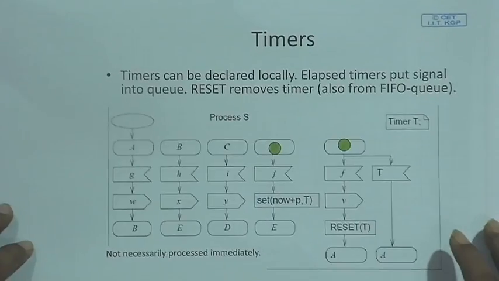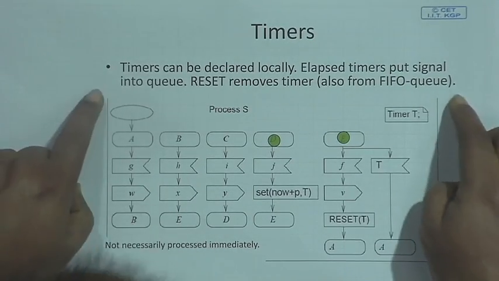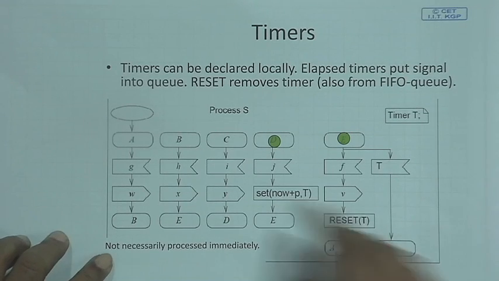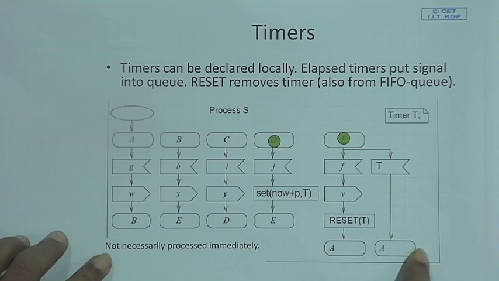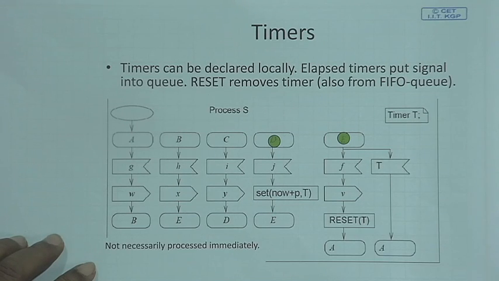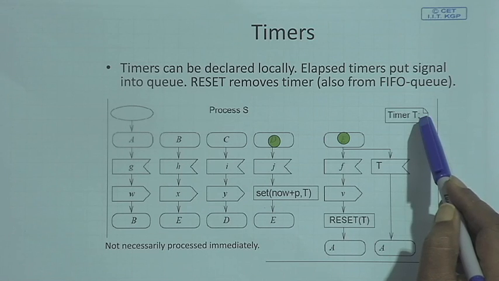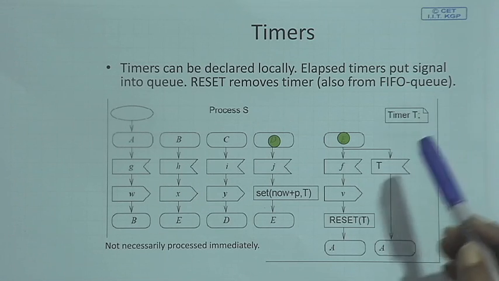Here is an example. Timers can be declared locally. So, here is a process where I have declared a timer t. Again, this notation is for declaration of the local variables, just as I have done the counter, similarly I have done here.